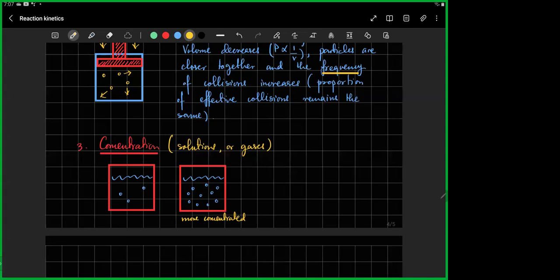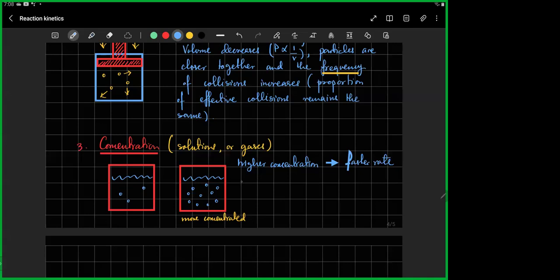It's pretty obvious that if you have higher concentration, you get a faster reaction, right? So if you have higher concentration, you do have a faster reaction. But why? It's kind of the same explanation, faster rate. Why?